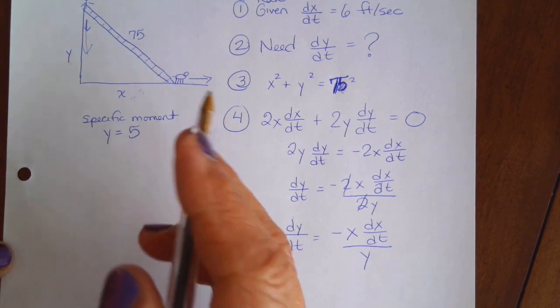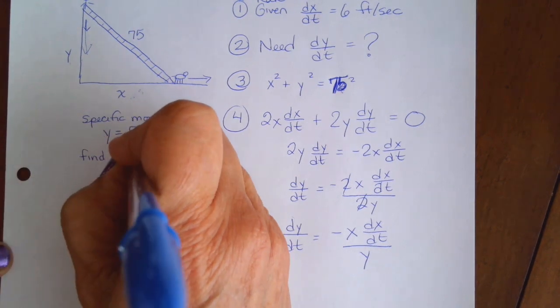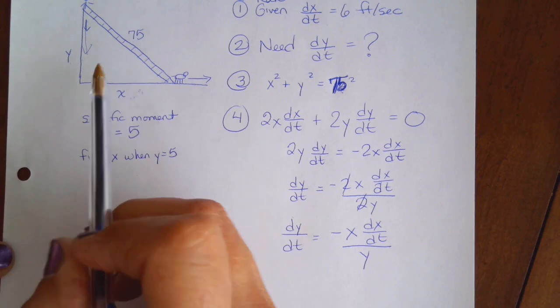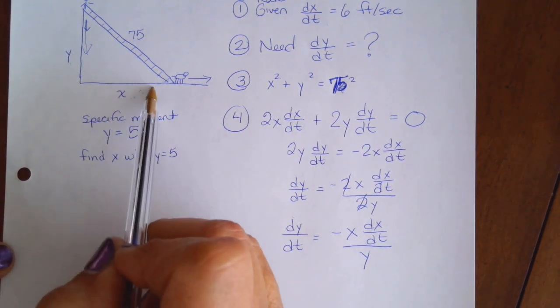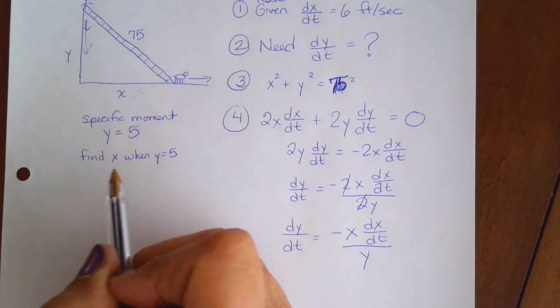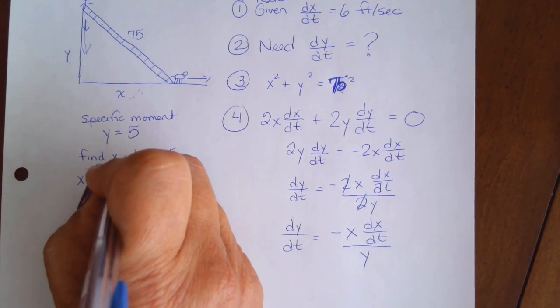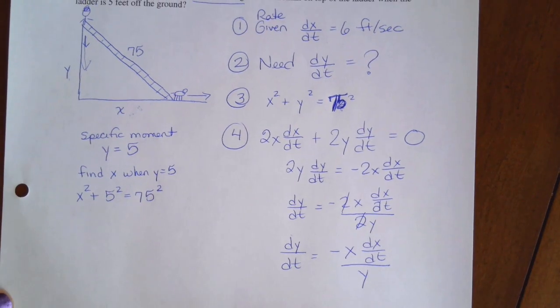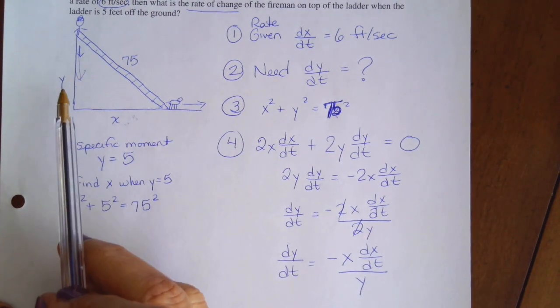So I know what y is, but I need to find x when y is 5, right? I need to have that as well, because when y is 5 here, I'm going to do the Pythagorean theorem and I can find x. So I would do x squared plus 5 squared equals 75 squared. That would tell me what side x is when side y is 5.